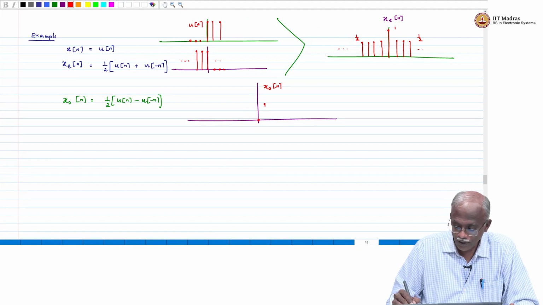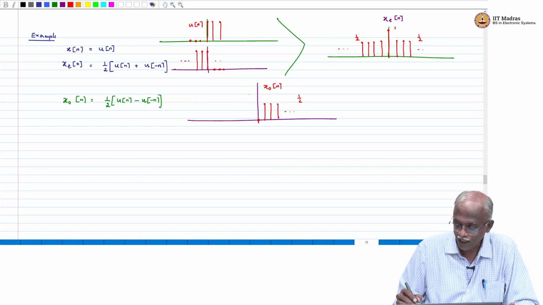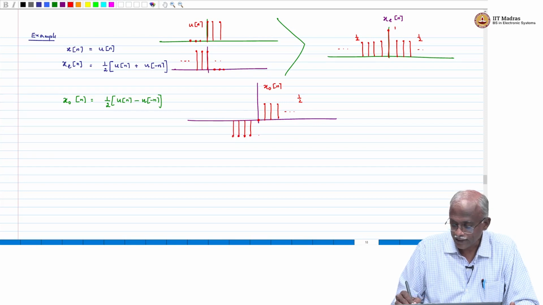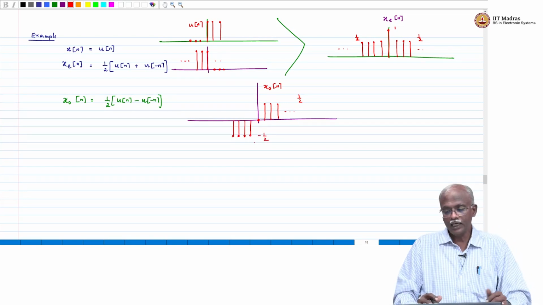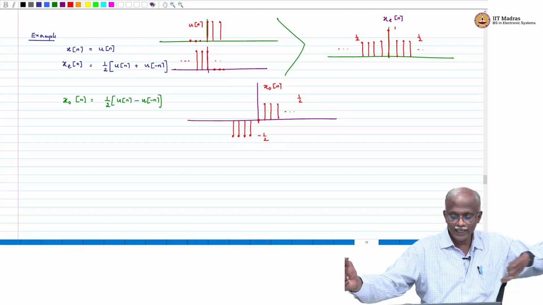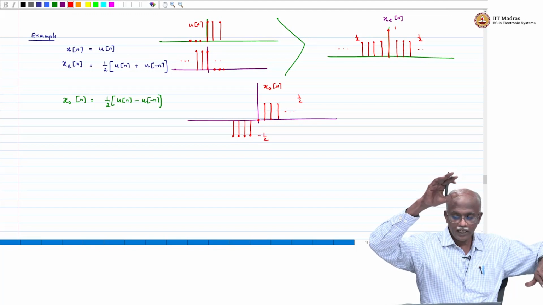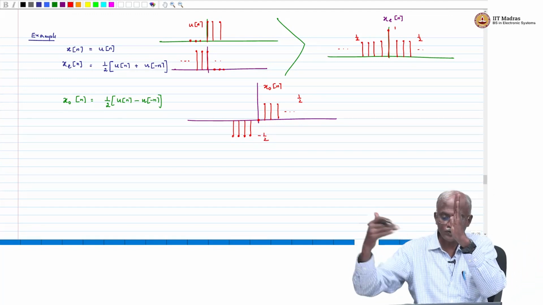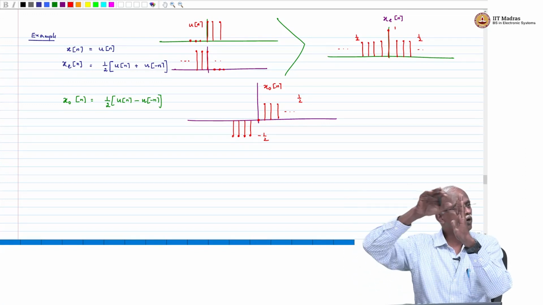Then everything to the right has a value equal to half. Everything to the left, negative n, has a value of minus half. Add these two together, what will happen? All the minus halves will cancel. 1 and 0 will become 1 at n equal to 0. Then all the halves will add together to produce 1 for all positive values.